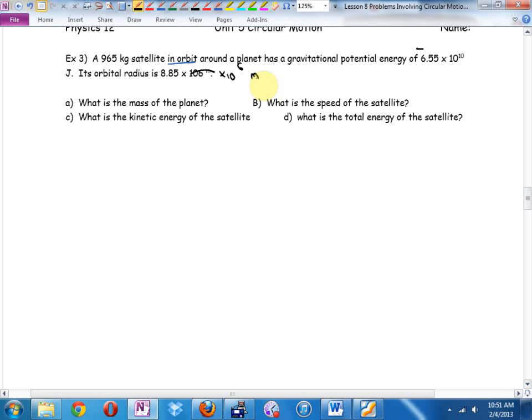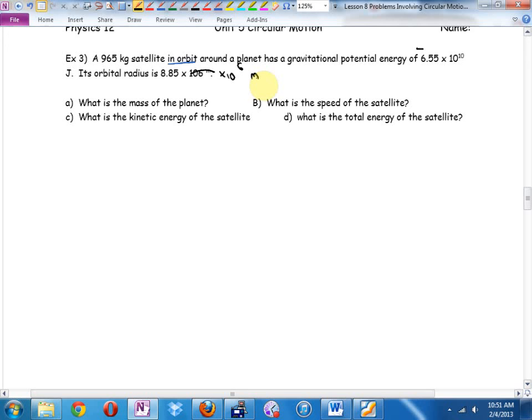Now, I like this question. What I like about this question, which you will see on your test, is that here I'm giving you the potential energy and the orbital radius, and I'm saying, find the mass of the planet. I'm giving you part of the answer, go backwards and find the original information. Nice twist.